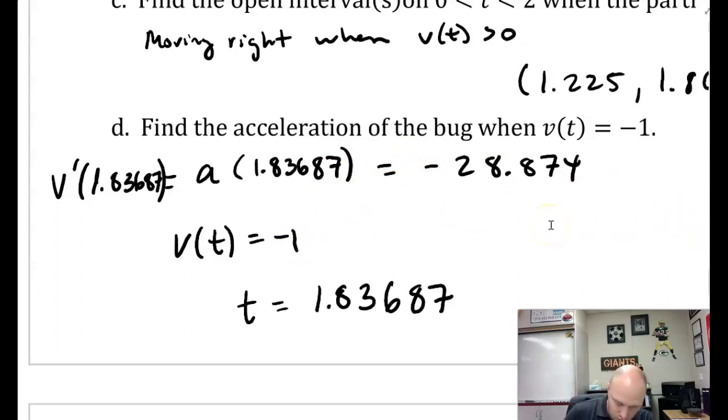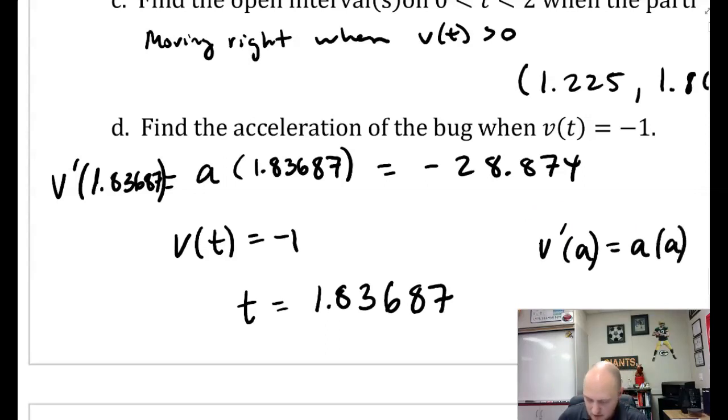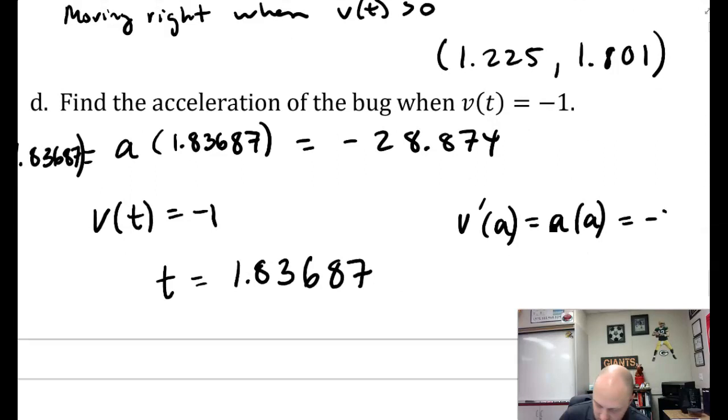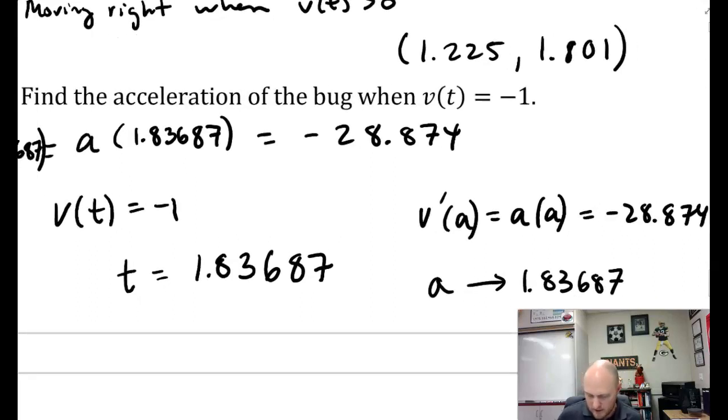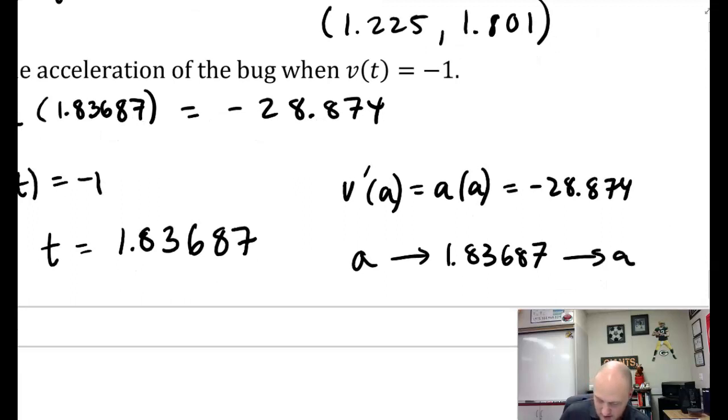Like if you wrote here, v prime of a, which is equal to a of a, which gives us negative 28, you need to store that value. So you would just say a to 1.83687, or the other way around actually. So this to a, so that the reader knows that whenever you use a, that's what you're talking about.